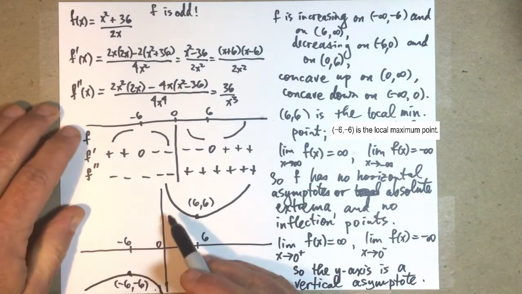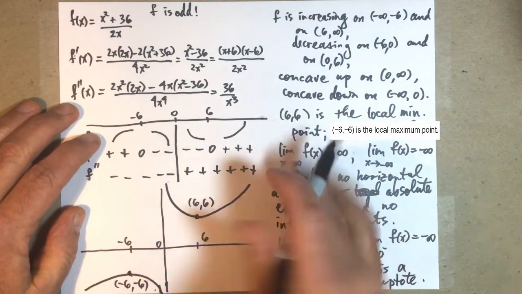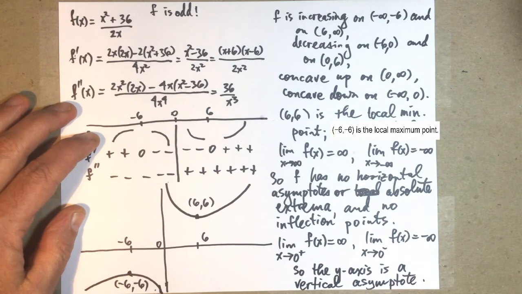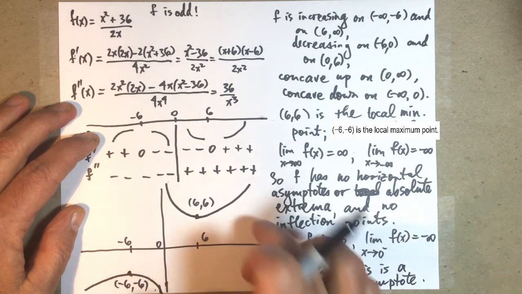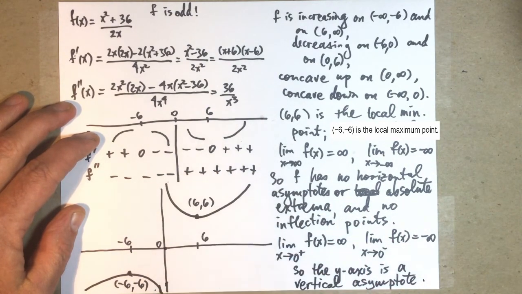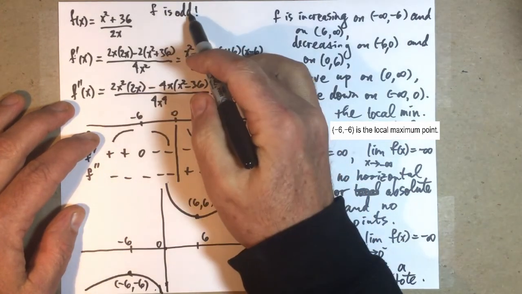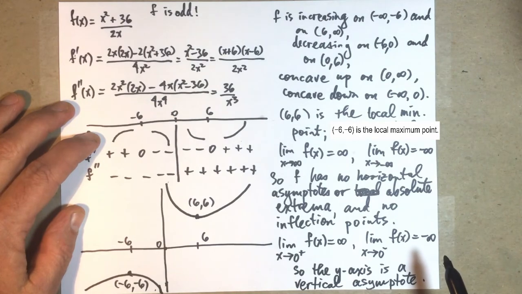Having drawn the graph, I should remark on the symmetry. So this thing, if you turn it around upside down to the other side, 180 degree turn around the origin, you'll see that this exactly matches up with this, and that's coming from the fact that f is odd.